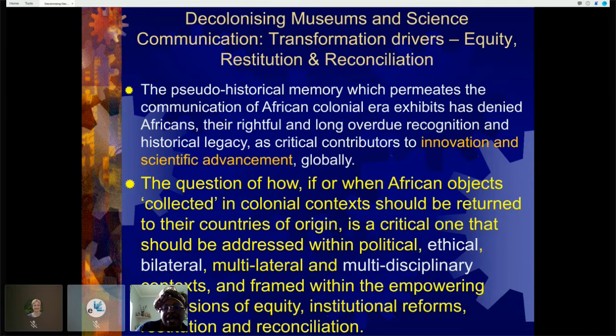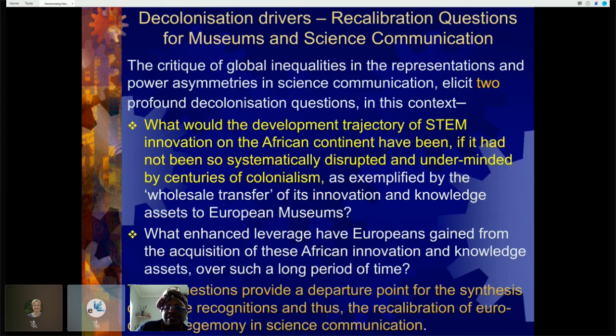The question of how, if or when, African objects collected in colonial context should be returned is a challenging one, and one which I think should be addressed in terms of issues around restitution, ethics, political dimensions, and one that should be addressed in an empowering framework.